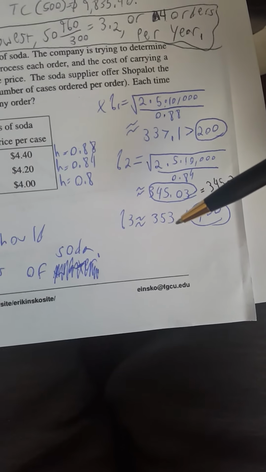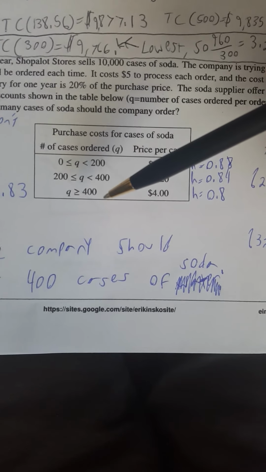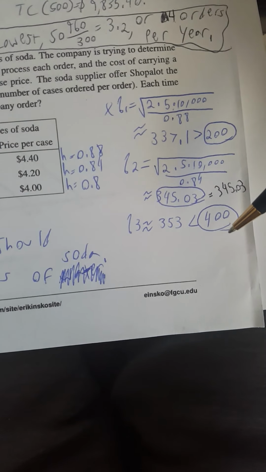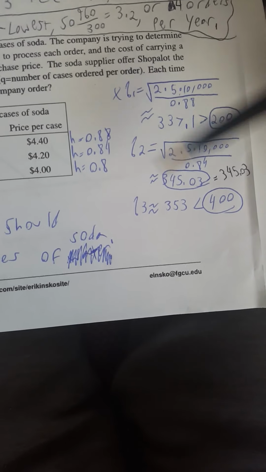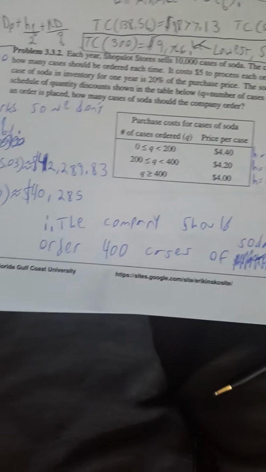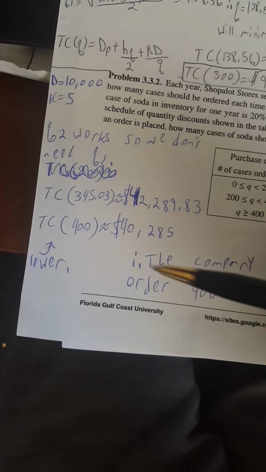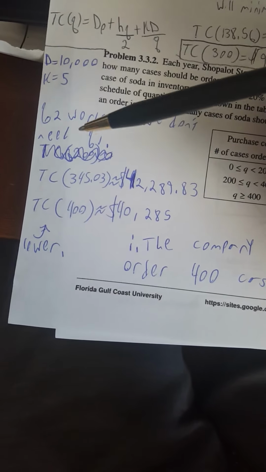That gives you 353, which is below the bracket, so we're just going to say Q3 is 400. The ones that are circled are the ones that I designated to the actual Q. So those are our potentials, and we're going to plug them into the total cost function again.